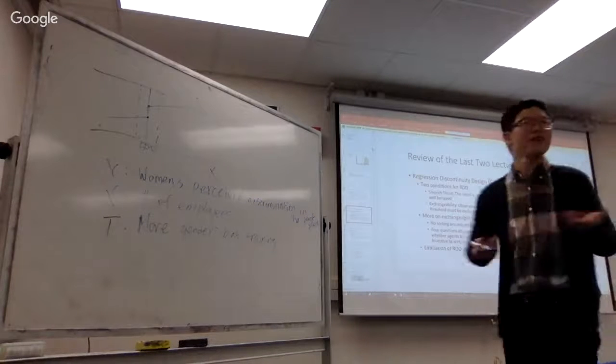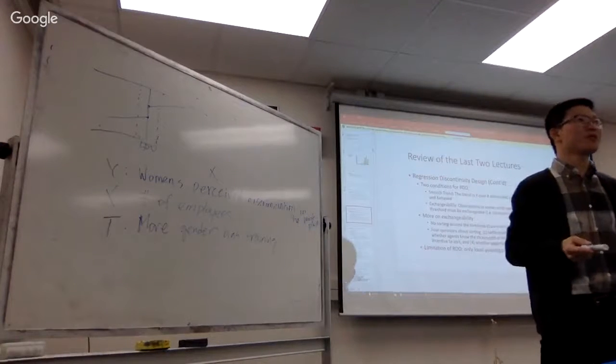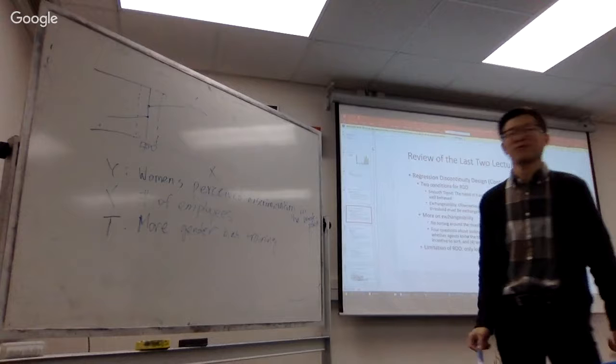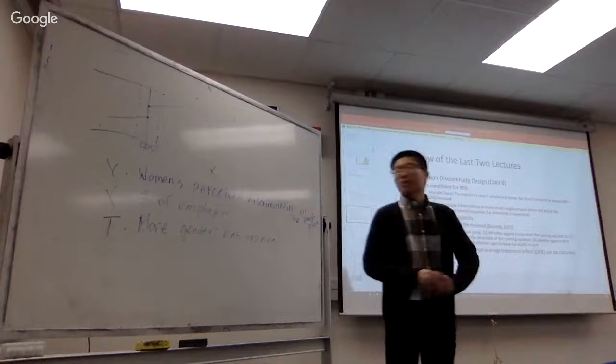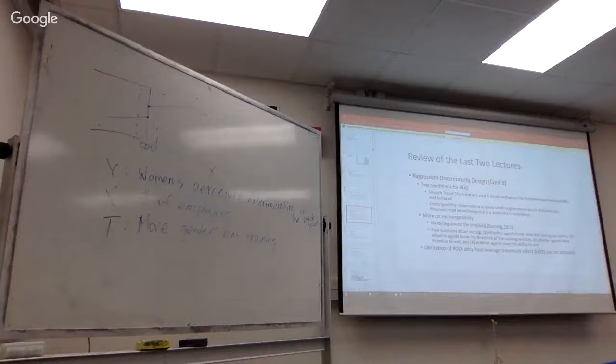So they can be 499. So these kinds of companies that are willing to decrease the number of employees because they would have to do more gender bias training would be more gender hostile.